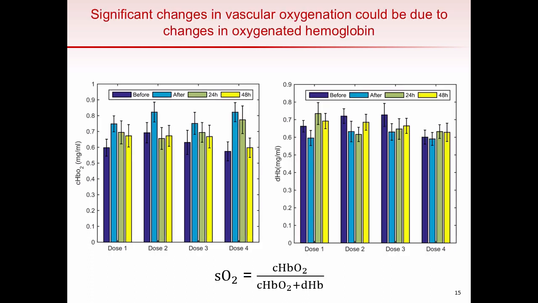If you look at hemoglobin, we see that oxygenated hemoglobin has a very similar pattern to oxygen saturation: immediately after dose 1, the content increases but decreases again. However, we didn't see any significance over here. Given that deoxygenated hemoglobin is not really changing, I am speculating that if we increase the sample size, we will see significance in oxygenated hemoglobin. That way we can conclude that the changes we saw in vascular oxygen saturation are mainly because of oxygenated hemoglobin.